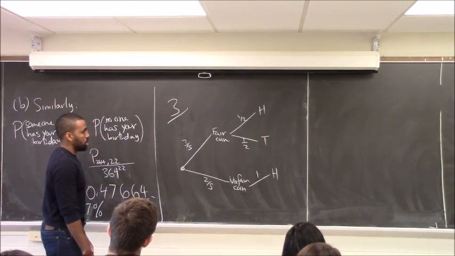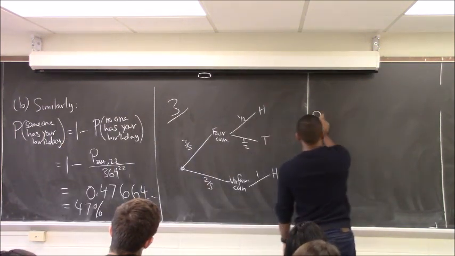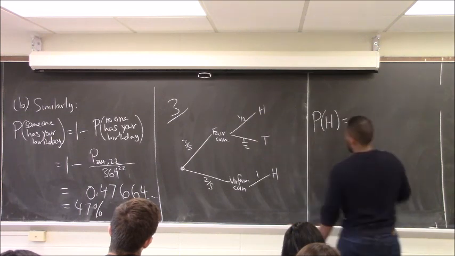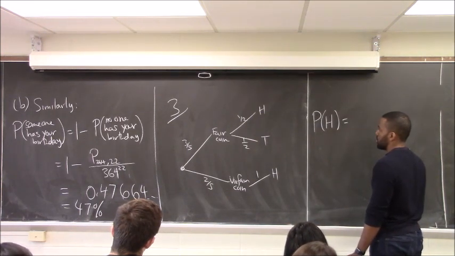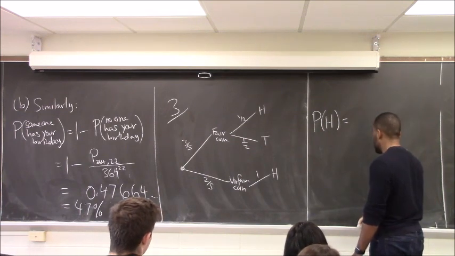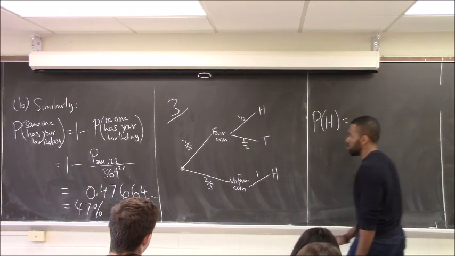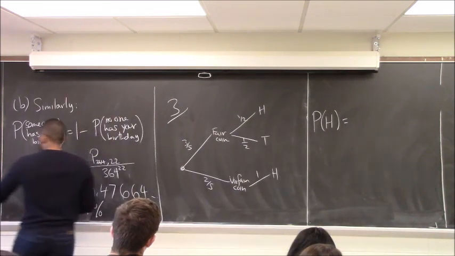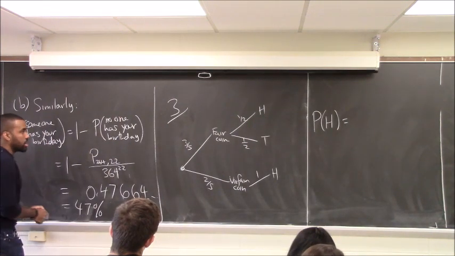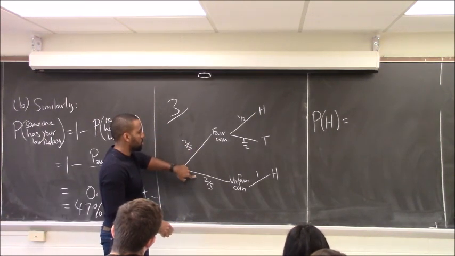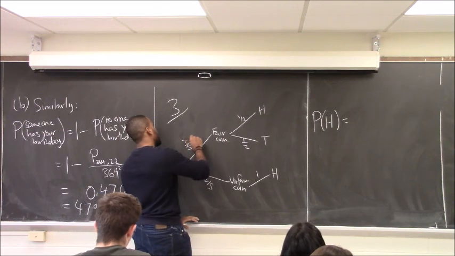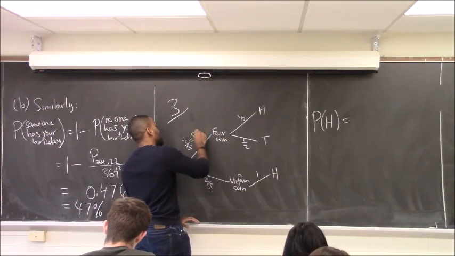Okay, so how do you actually calculate the probability? Because they're independent, you can multiply. So 3/5 times a half, 2/5 times 1. Not necessarily independent. Here you kind of have to think in terms of conditionals, because the chance of you getting heads is actually dependent on which coin you actually pick. So what you want to think of here is: this is the probability of picking the fair coin.